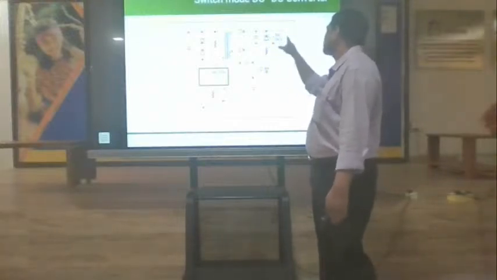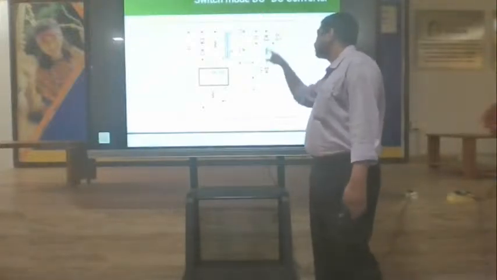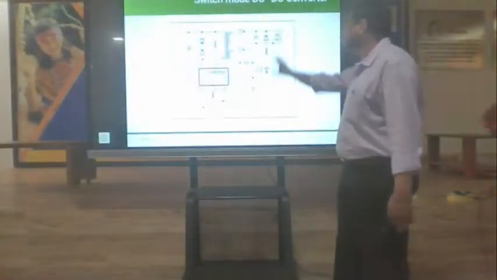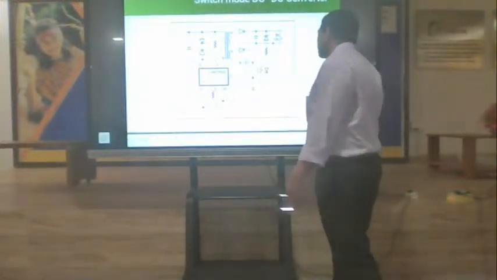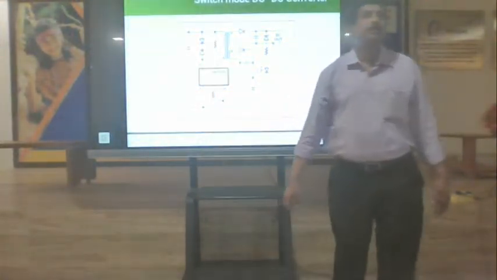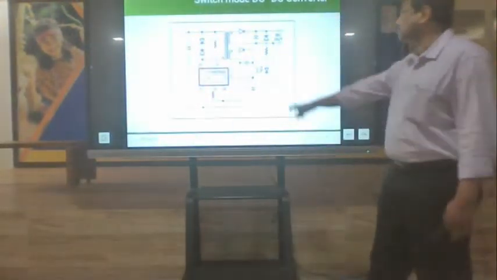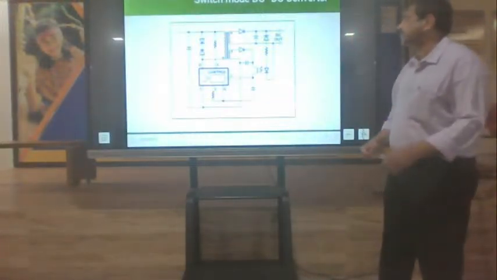V reference is based on the output I require. I use the standard reference voltage. This is the basic circuit, and this is the control winding that is going to power the control circuit of this controller. So this is basically the circuit.